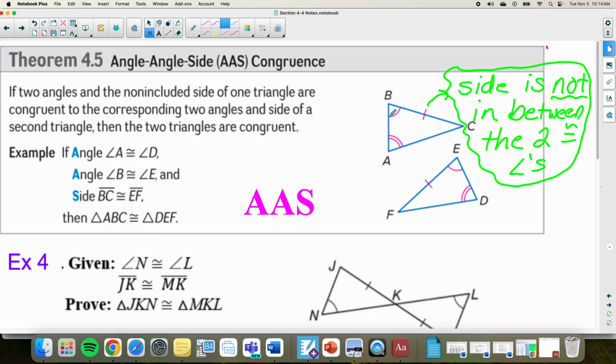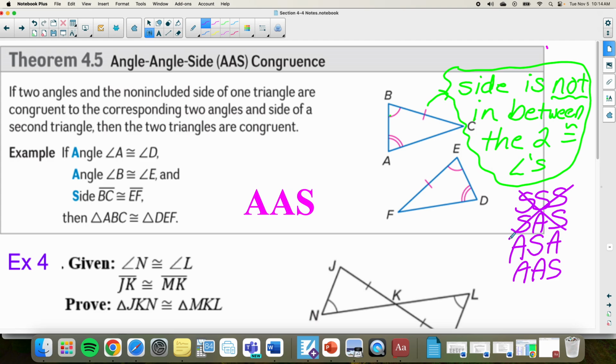Okay? Now, when we do this, we have side, side, side, we have side, angle, side, we have angle, side, angle, and now we have angle, angle, side. When you guys go to do this, if you have two angles and a side, hopefully that would tell you right there that these two don't work, okay?